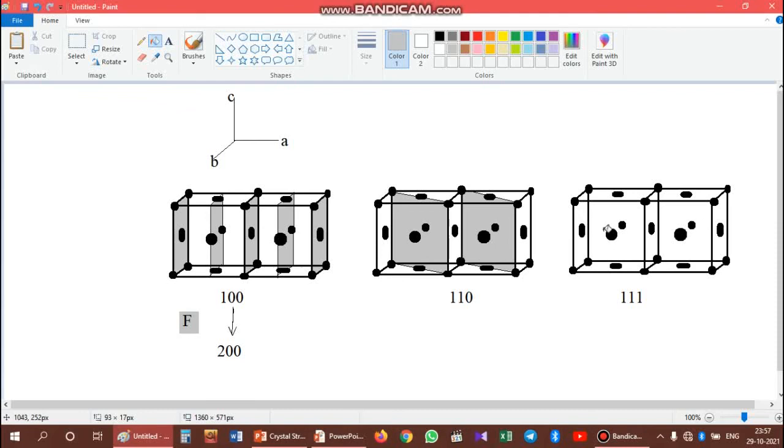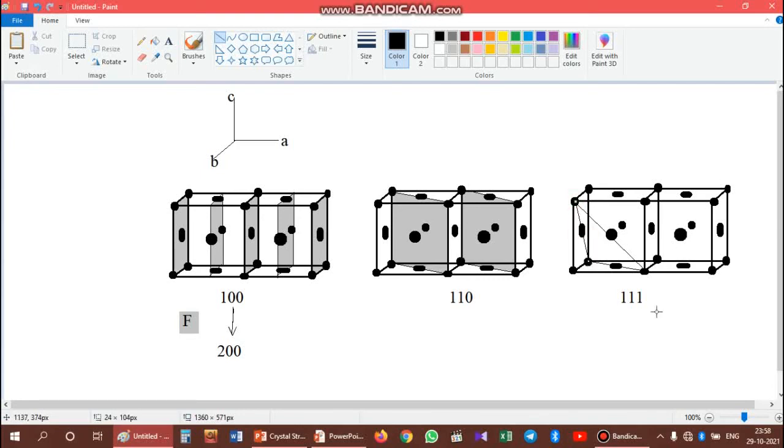Finally the 1, 1, 1 planes. So similarly we have to select here to here. Now we have to draw a triangle here to here, here, and finally here to here.